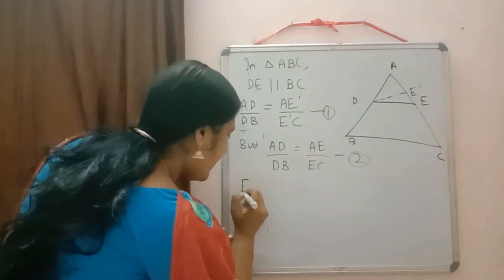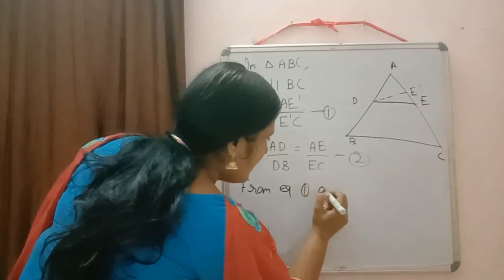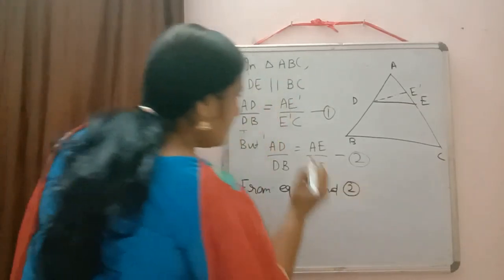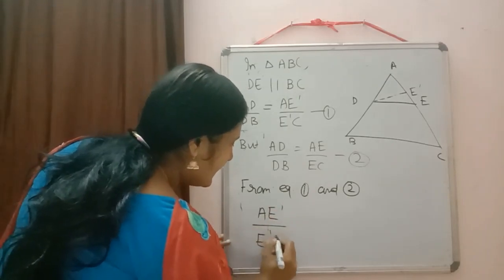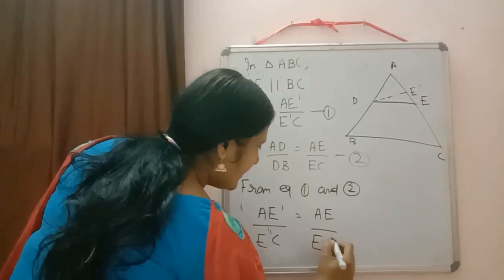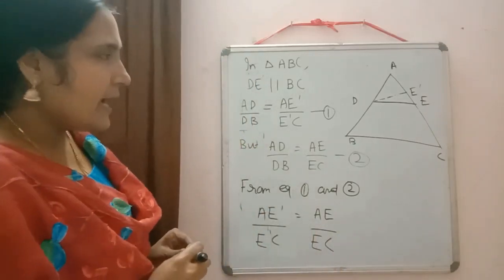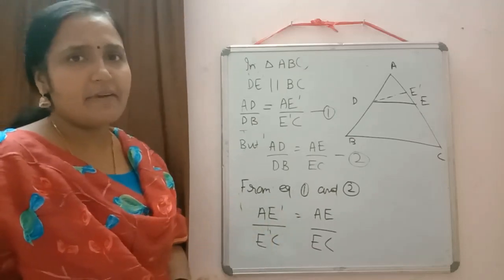From equation 1 and 2 we will get AE dash by E dash C is equal to AE by EC.